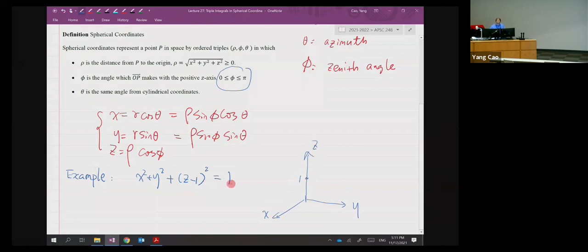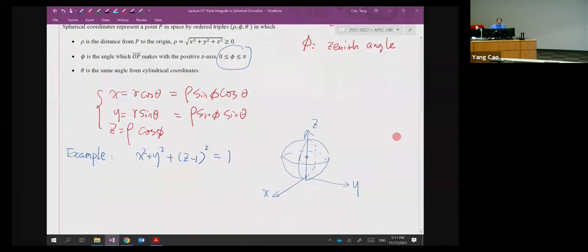And then the radius is also 1. So then you can start to sketch a sphere with center over there. That will be the sphere, what it looks like in x, y, z coordinates.